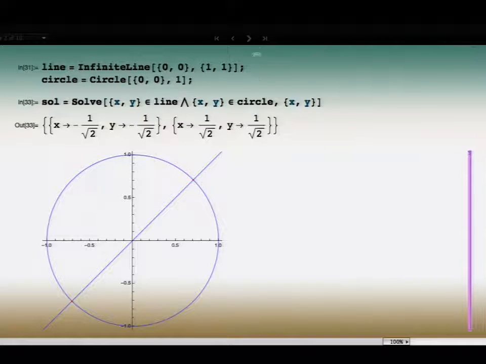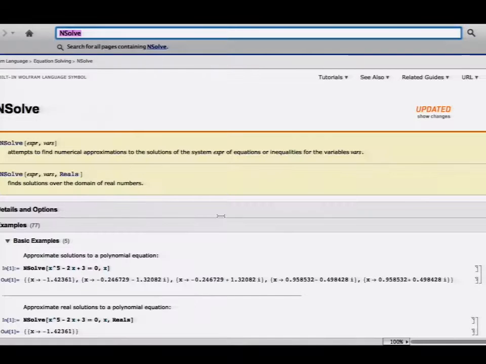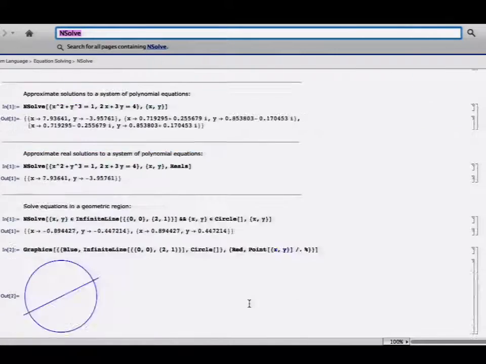So I think that this is something that you will probably have to solve in high school at some point or another. This works for any of them. So if I used NSolve and we can go look at the documentation, you'll find lots of examples along these lines.